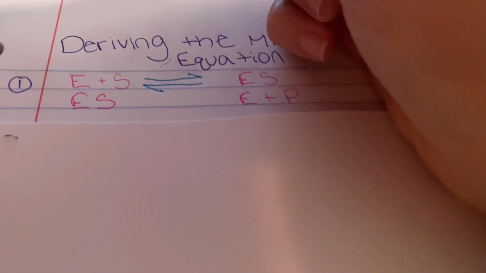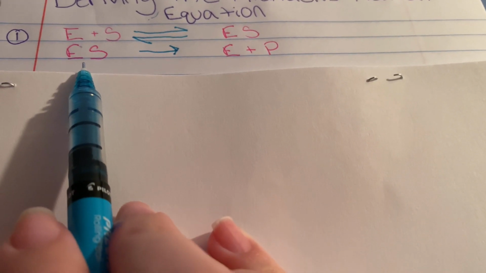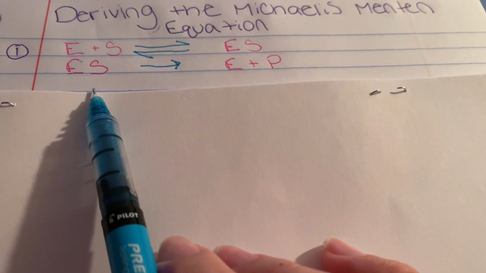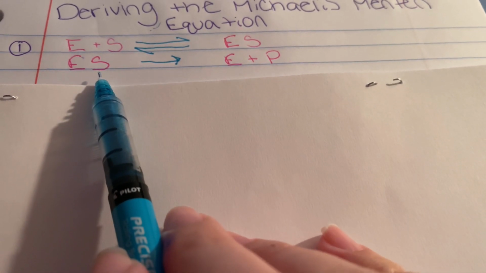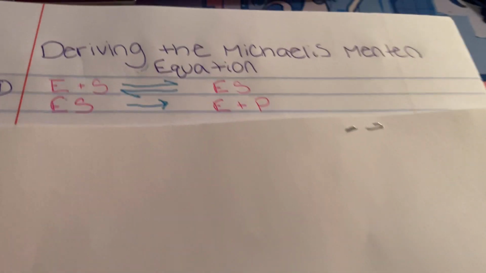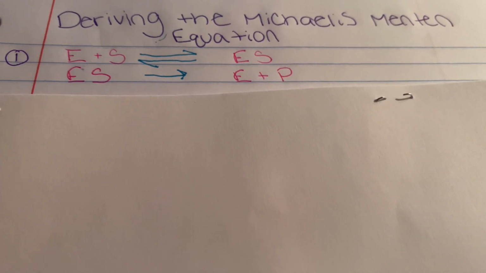All right, so now for the second equation, we do have the enzyme substrate complex here that was created in equation 1, and this enzyme substrate complex creates the enzyme plus the product, right? So the second step leads the enzyme substrate complex to break apart, which leads us to having the enzyme and product P, as you see here.